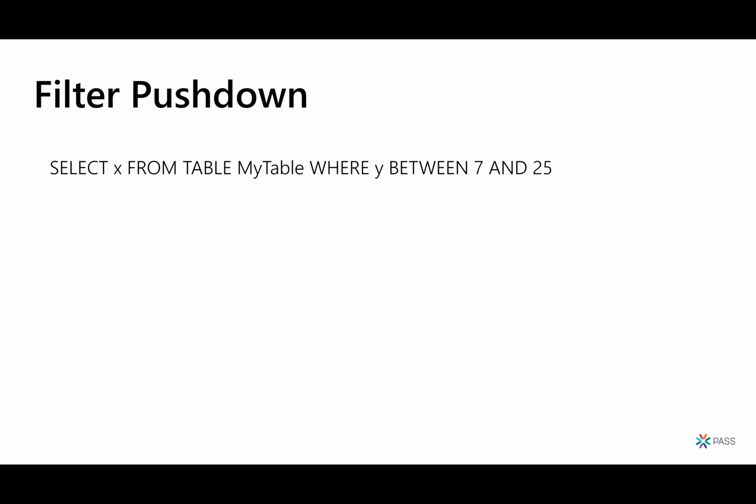The first one is that SQL Server can do filter pushdown. So you have a where clause somewhere in there, select X from my table where Y between 7 and 25. SQL Server can push that where clause down to the storage engine and not even load data unless it fits into that range.